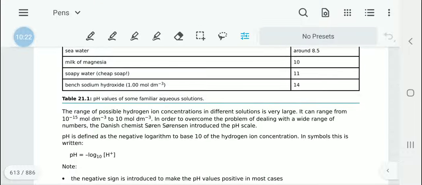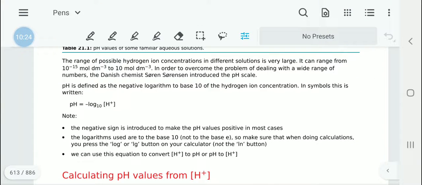Now, the hydrogen ion concentrations in different solutions vary very widely. One thing we need to understand is that not only acids have hydrogen ions, because all of these are solutions, and they contain water. Water dissociates to some extent, a very little amount, but still it dissociates.